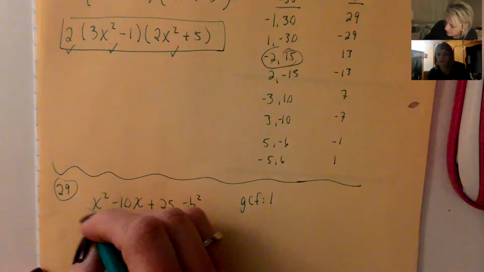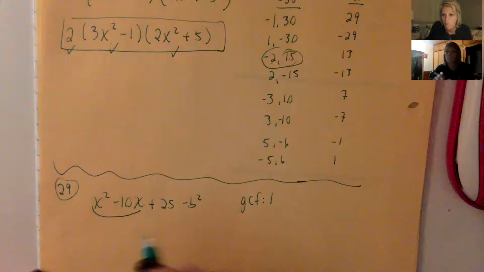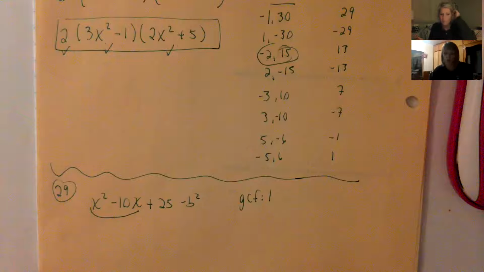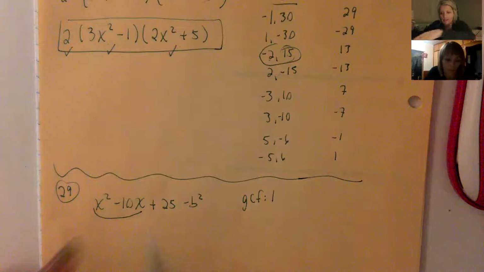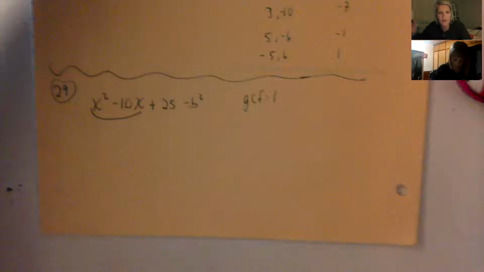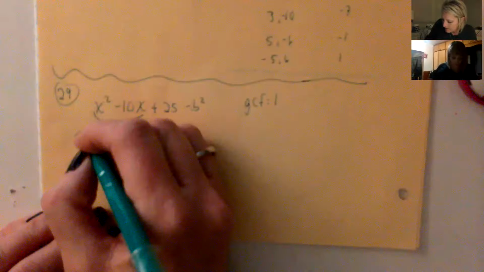So let's do that. And you always do that where the first 2 go together and then the third and fourth go together, right? Usually they work out that way. So these first 2 terms, their greatest common factor is an x.